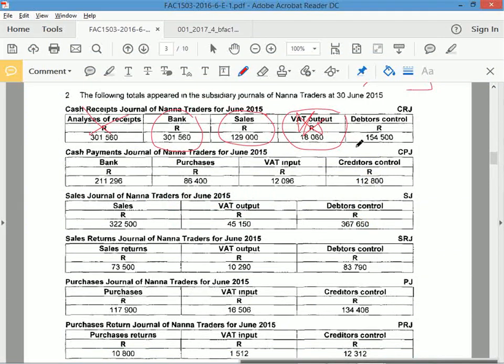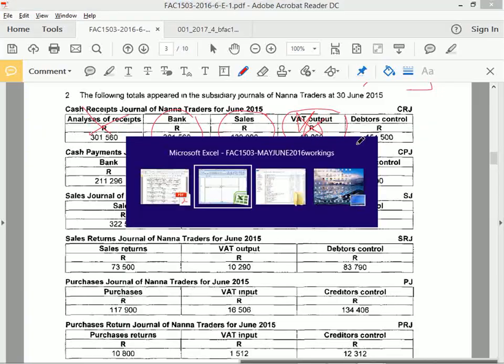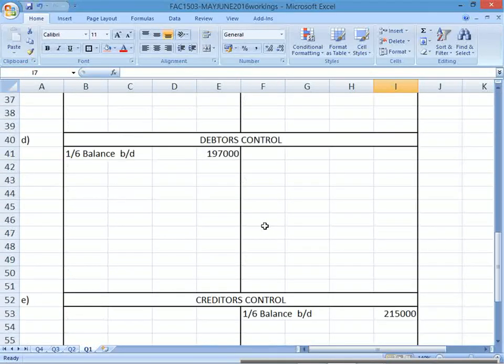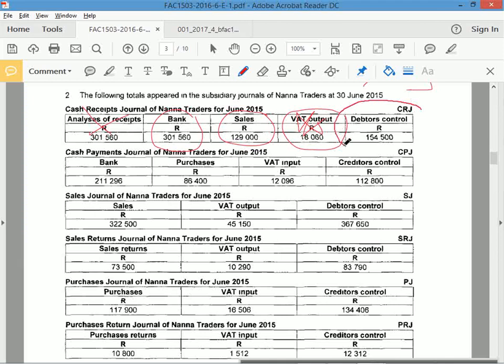Did they ask for debtors? Yes, they did. Debtors in the cash receipts, what happens to the account? Up or down? Debtors goes down. What do debtors do? They pay you.